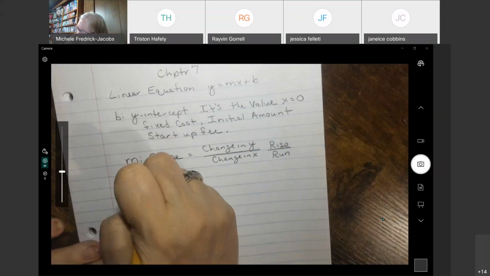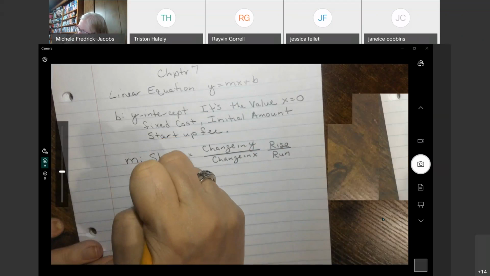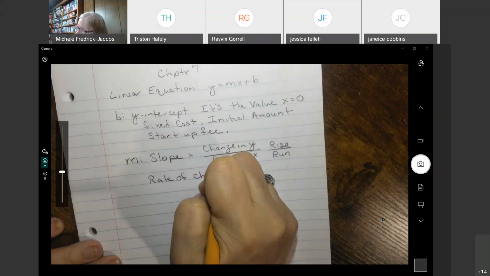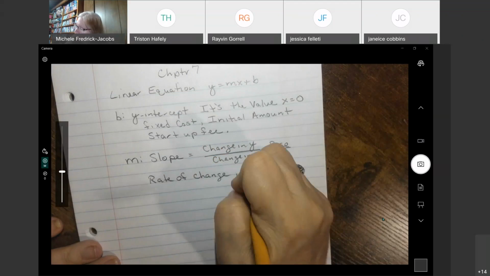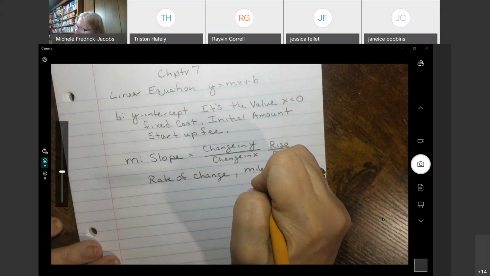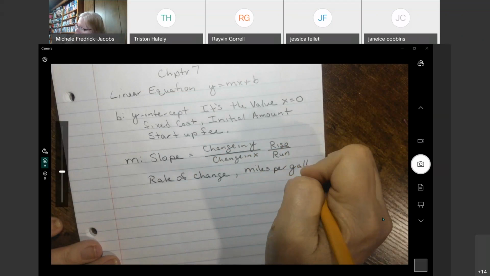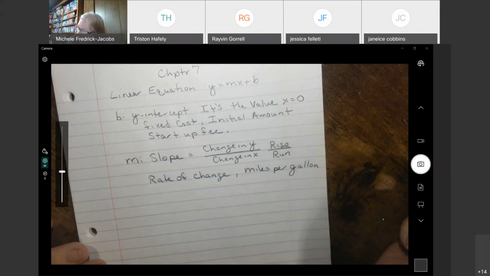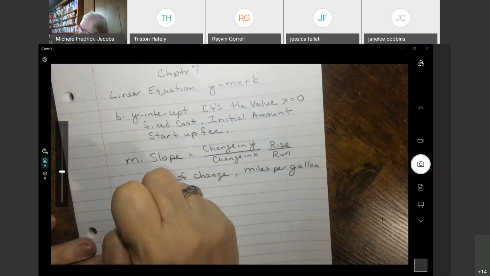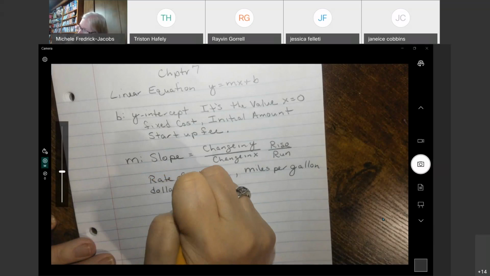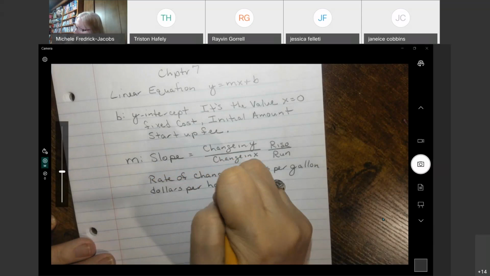The slope is a rate of change. Miles per gallon, dollars per hour.